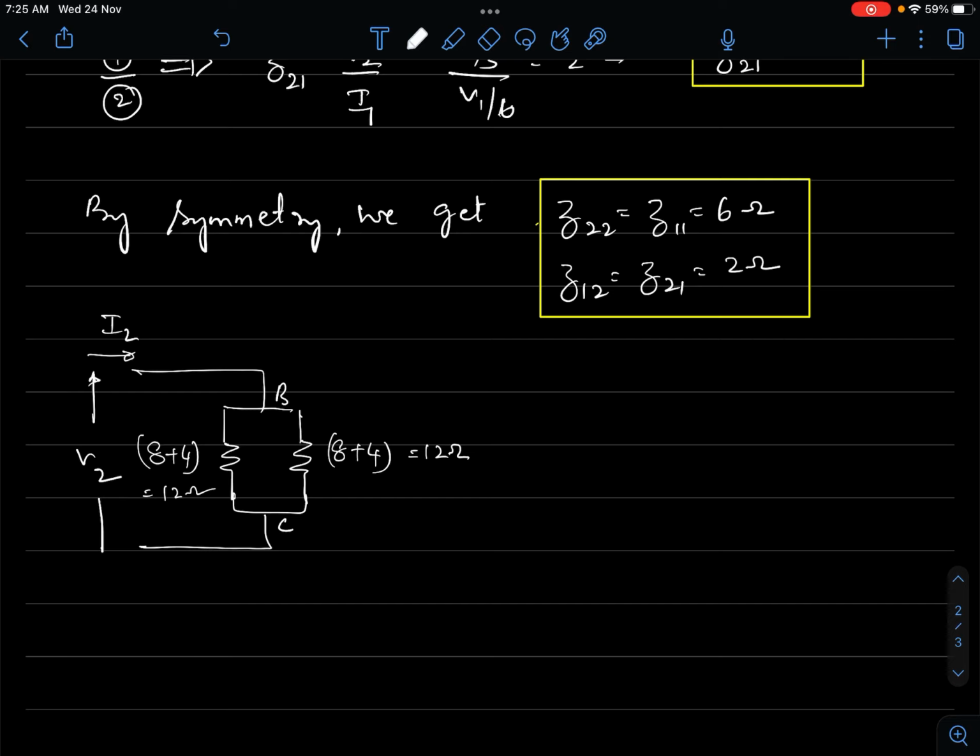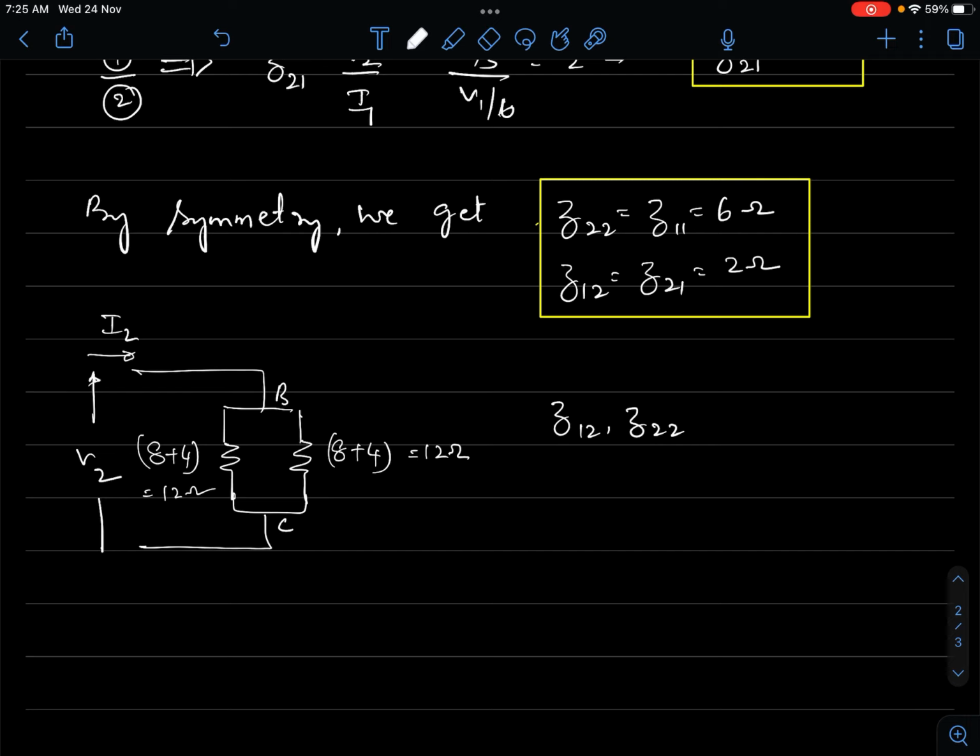From this network, we will determine the other two parameters, that is my Z12 and Z22. These two things can be determined. In order to determine Z12 and Z22, we need to make I1 0, right?